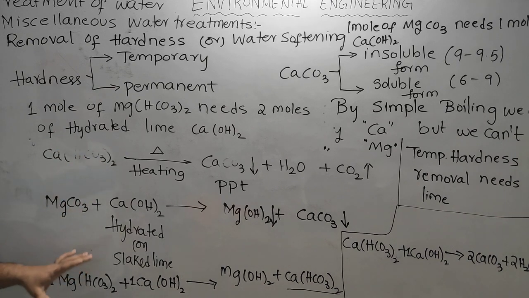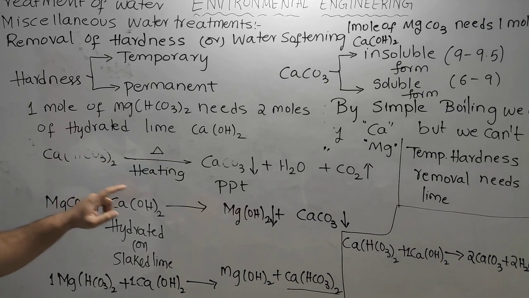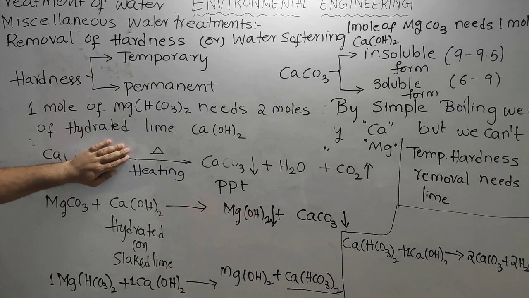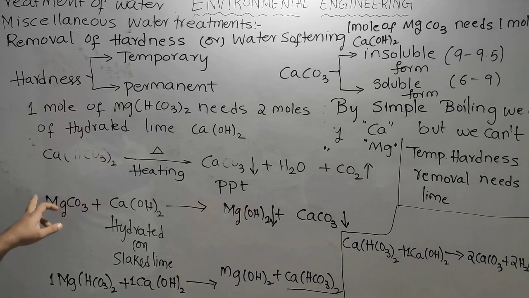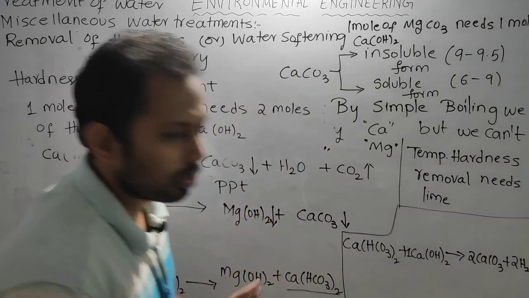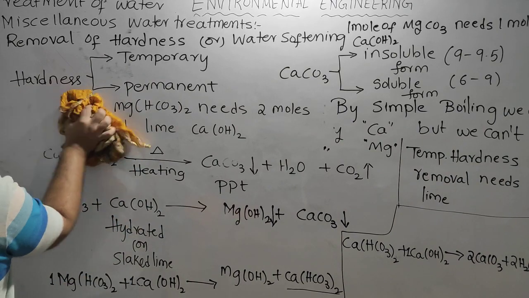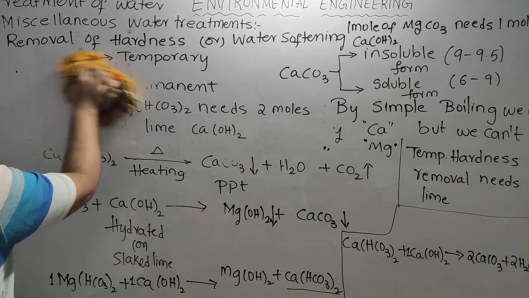These are the things we need to remember. 1 mole of CaCO3 does not need anything; simple boiling is enough for CaCO3 and Ca(HCO3)2. But here 1 mole needs 1 mole, and here 1 mole needs 1 plus 1, 2 moles. So this is the removal of temporary hardness. Let us go to the removal of permanent hardness.